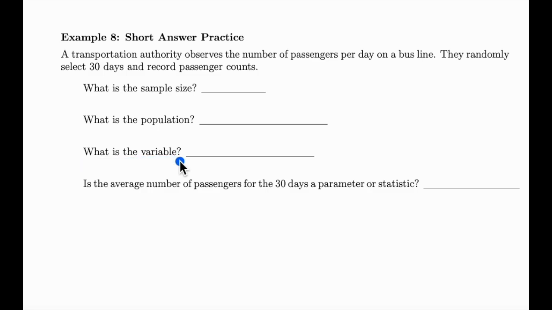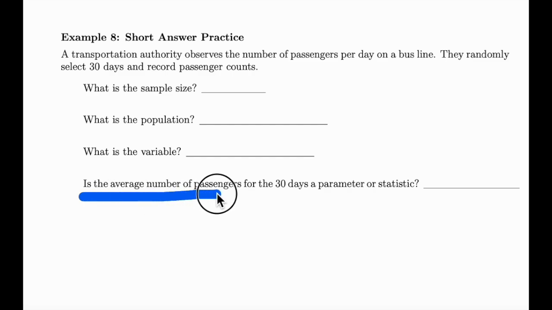The data is the list of the actual answers, while the variable is the characteristic or the trait that we're looking for, and we want to think of that as our question. Well, what are we asking about? We are asking about the number of passengers per day on the bus line. So our variable is the number of passengers per day on the bus line. And that's what changes from day to day, and that's what gives us our list of data.